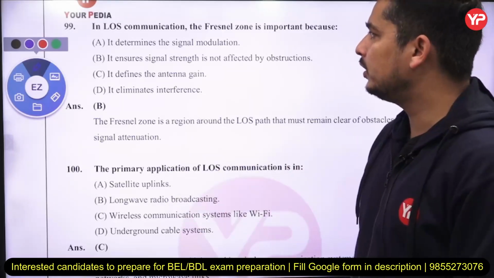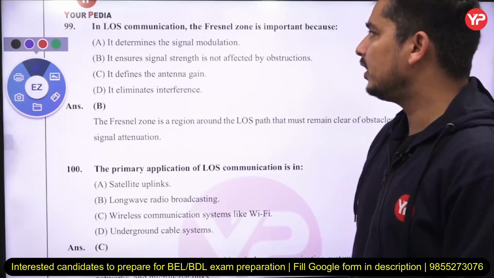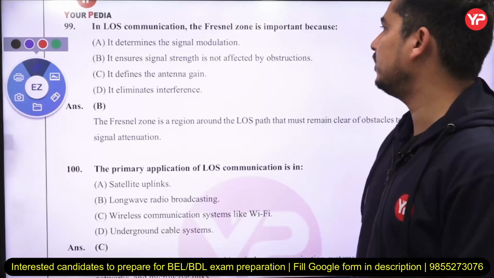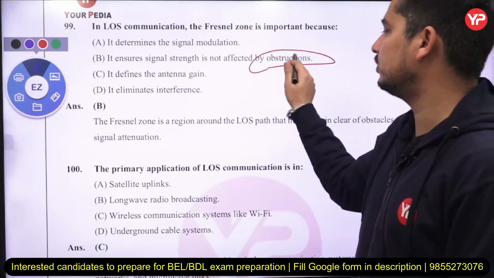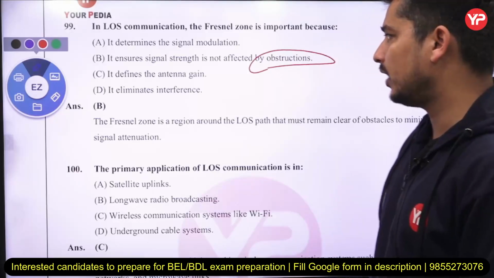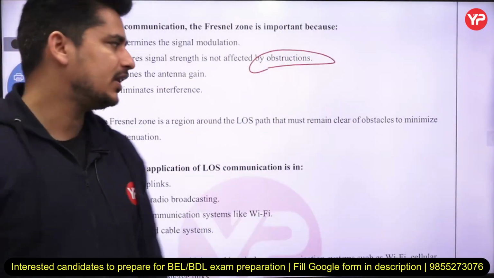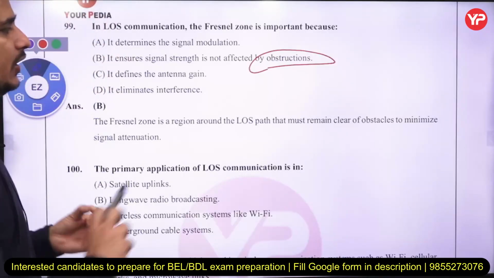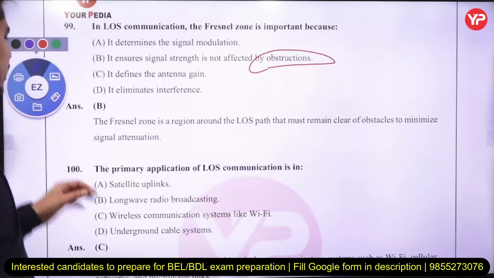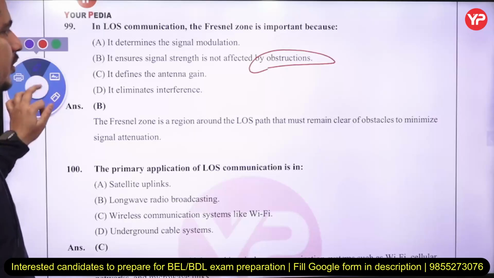It ensures signal strength is not affected by any obstruction. It does not define antenna gain, and it is not about eliminating interference. That is the main reason. The Fresnel zone is the region where we can say this antenna can easily communicate with the other antenna.